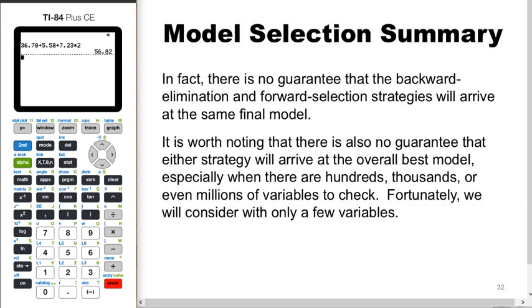So there is no guarantee that backward elimination and forward selection strategies arrive at the same final model. It is worth noting there is also no guarantee that either strategy will arrive at the overall best model, especially when there are hundreds, thousands, or even millions of variables to check. Fortunately for us, we're only going to look at models that have a few variables.